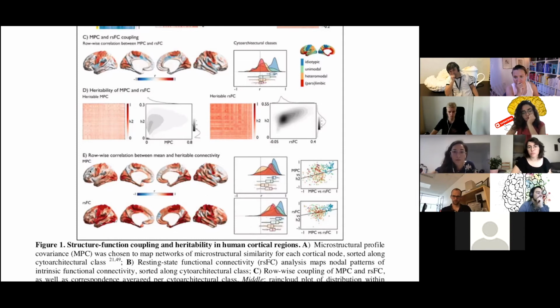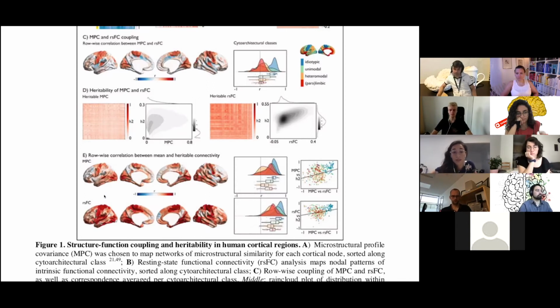If you have maps of non-related individuals compared to these ones, this means that we have a stable organization and there are fewer interpersonal differences in unimodal regions with respect to the transmodal systems.